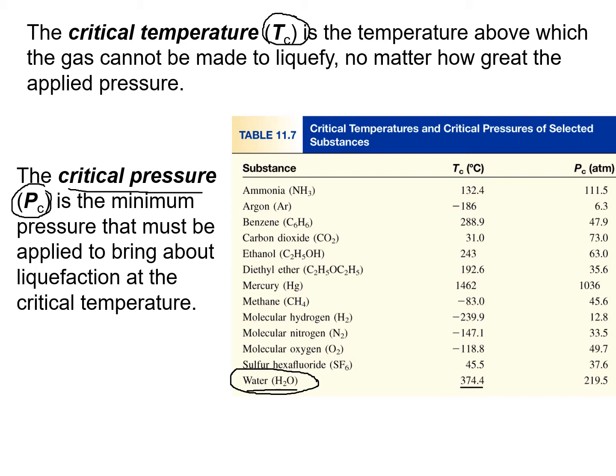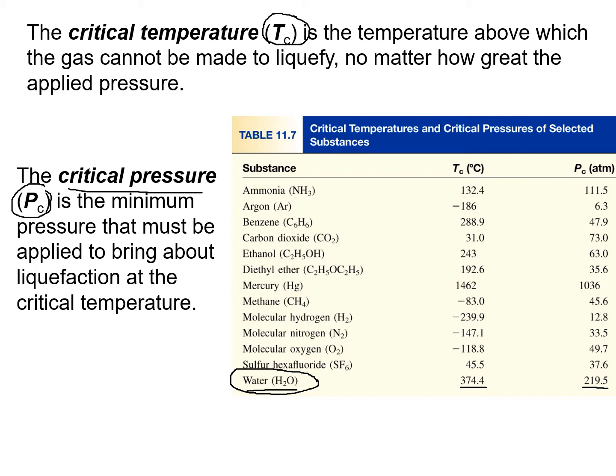But its critical temperature, 374 degrees Celsius, and the critical pressure, 219. So the critical temperature is pretty high and requires a considerable amount of pressure in order to liquefy gaseous water molecules. So beyond this temperature, water cannot be liquefied.